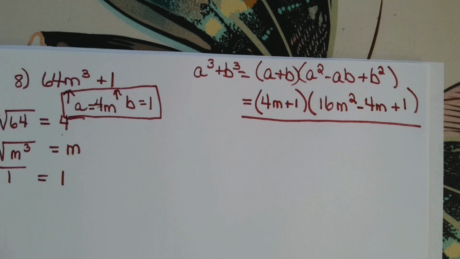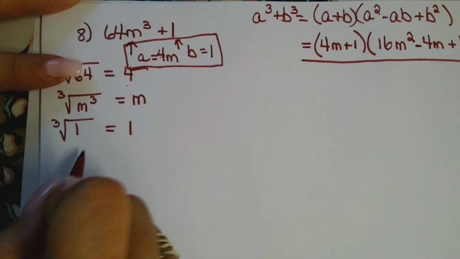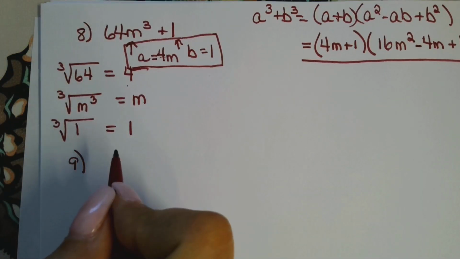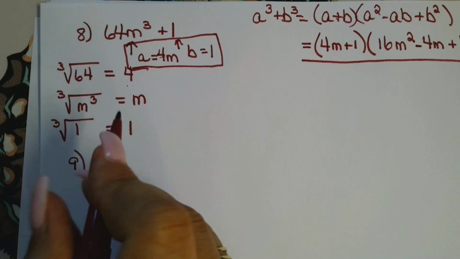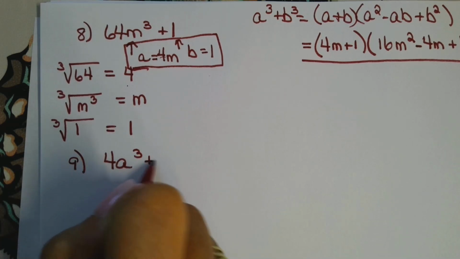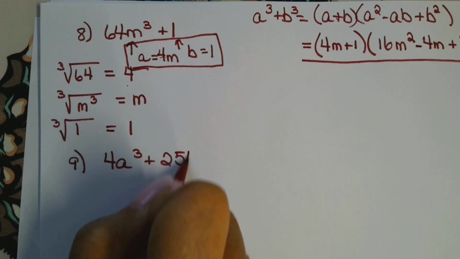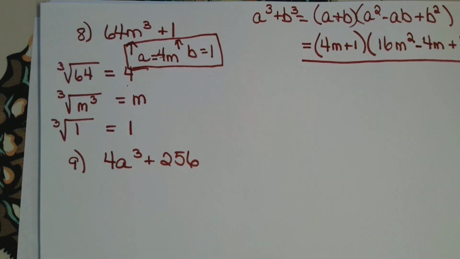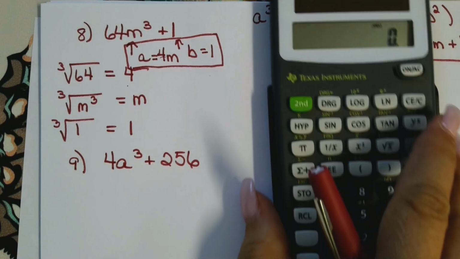Let's take a look at number 9. We've got 4a to the third plus 256. When you look at this one, it's not perfect cubes the way it looks right now, because 4 is not a perfect cube.